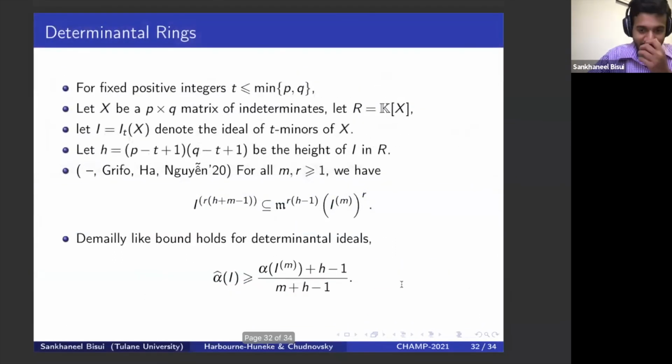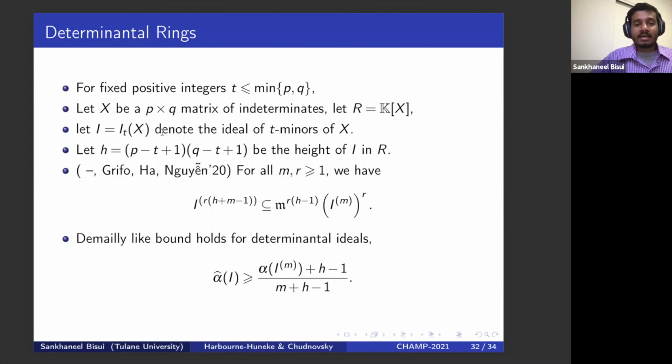And lastly, the determinantal rings. These rings and ideals are really well known. It is defined as follows: we fix a t which is at most the minimum of p and q, where p and q are the dimensions of a generic matrix of indeterminates, and we consider the polynomial ring using those indeterminates.